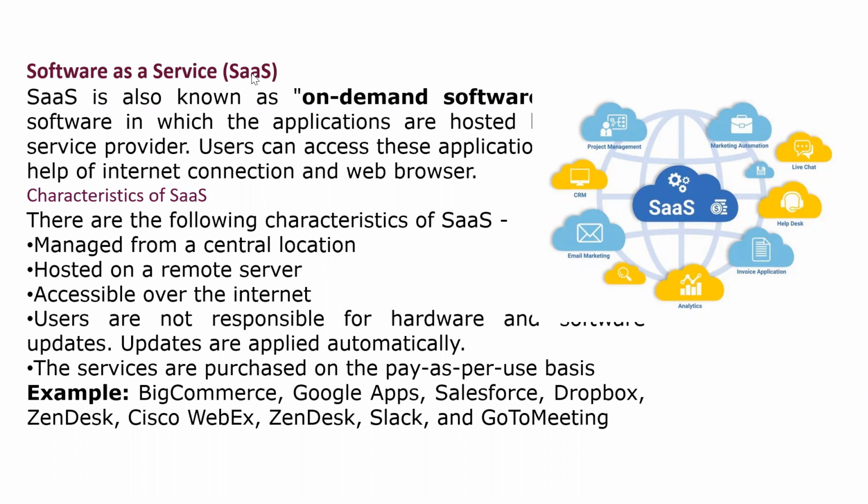In this, the software is hosted by the service provider, and users can avail these softwares by paying the service provider. Users can access these applications with the help of an internet connection and web browsers.